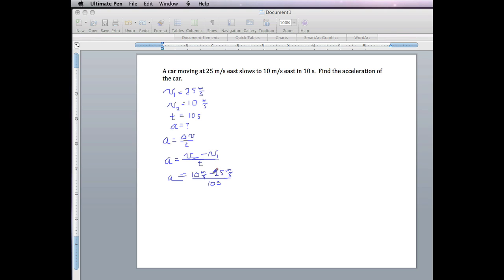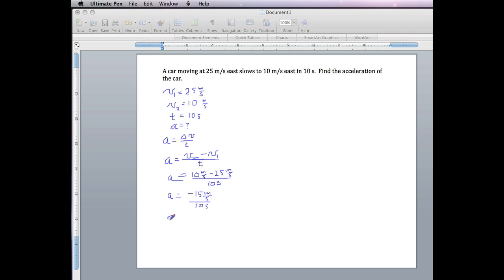second. Now, when we subtract the values in the numerator, we get a negative 15 meters per second, and that's divided by 10 seconds.